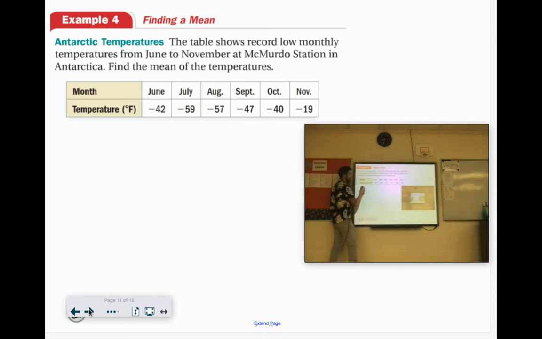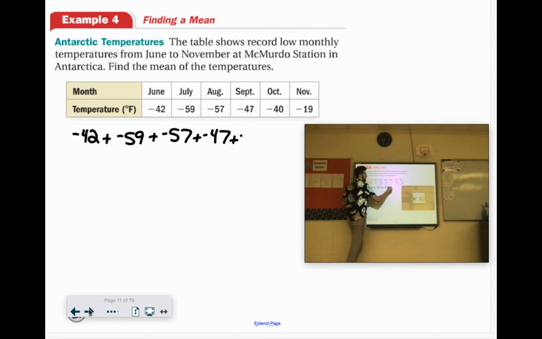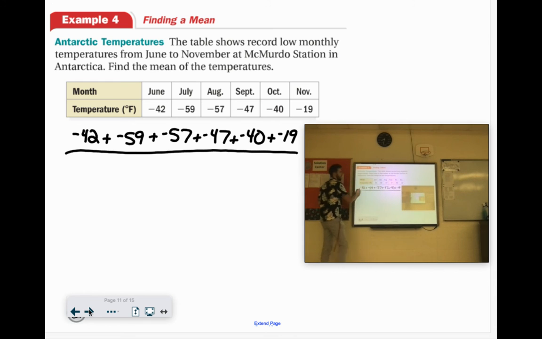So we're going to add negative 42 plus negative 59 plus negative 57 plus negative 47 plus negative 40 plus negative 19. And we will divide them by however many months there were. There were 1, 2, 3, 4, 5, 6 months. Now, they're all negative numbers. So what we can do when we're adding is just add them as if they're positives and then make it negative at the end.